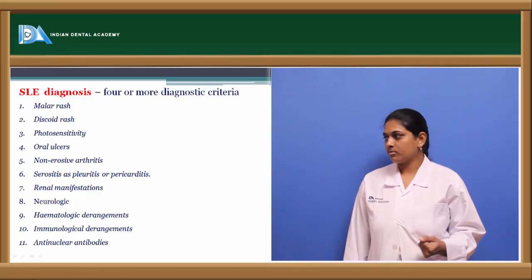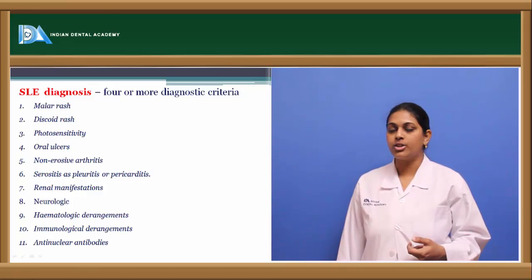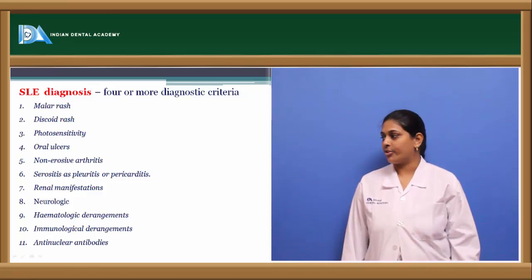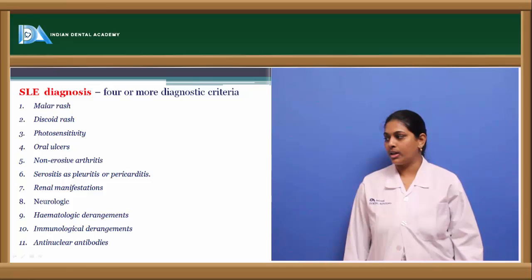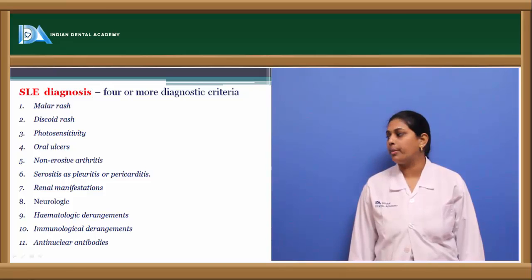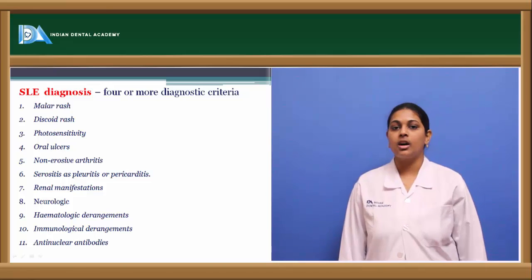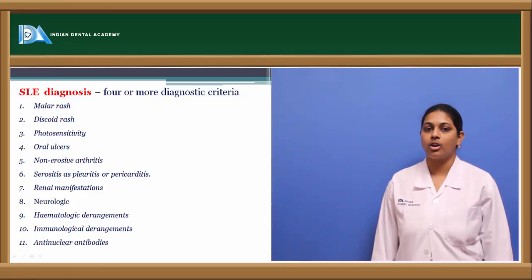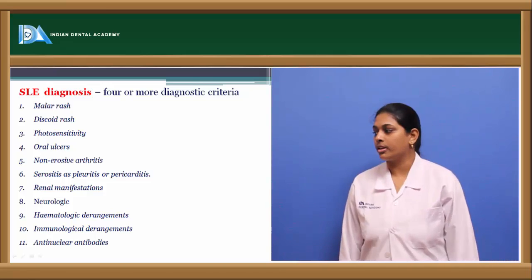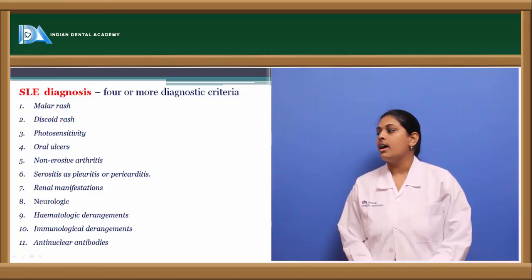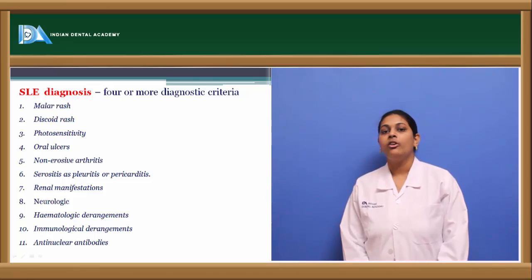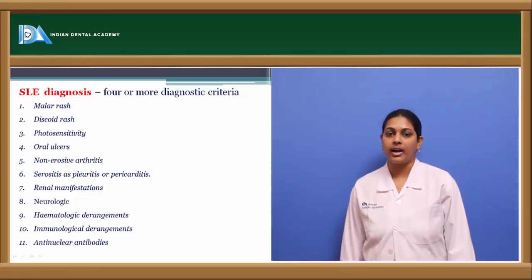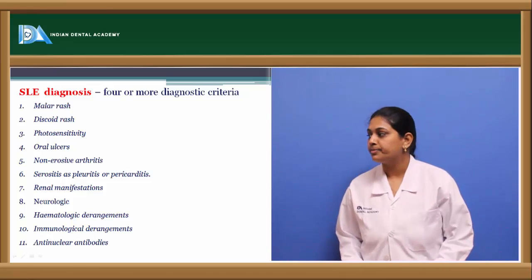These criteria include malar rash or discoid rash, photosensitivity, oral ulcers, non-erosive arthritis, serositis as pleuritis or pericarditis, renal manifestations involving lesions in the kidney, neurological or psychological disturbances, hematological or immunological derangements, or the presence of antinuclear antibodies. Only with 4 or more of these signs and clinical features could a patient be diagnosed as having systemic lupus erythematosus.